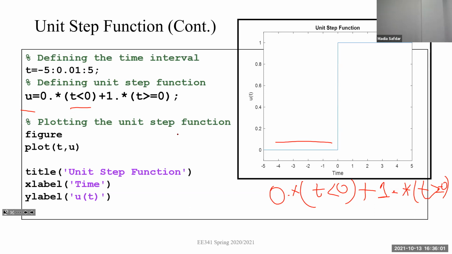Did you understand this command? It means that my function is 0 for all the values less than 0, and my function is 1 for all the values which are greater than 0, and also at 0 it's 1.